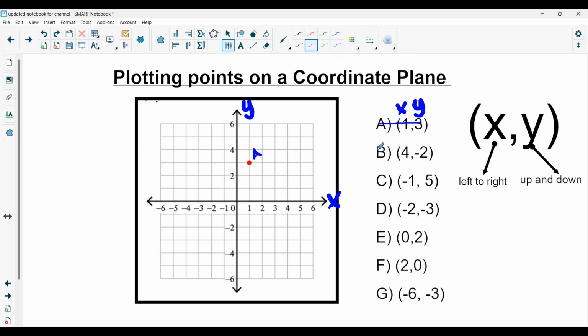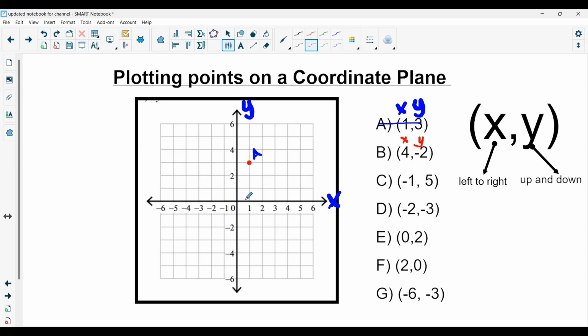All right, so now let's look at letter B. 4, comma, negative 2. Remember, our 4 here is our first number, so that will be our X. And our second number, which is our Y, will be negative 2. So let's go to our origin here and think about it. The first number we move right or left, that's our X. We have positive 4. Which side of the number line do you see positive numbers on? The right side.